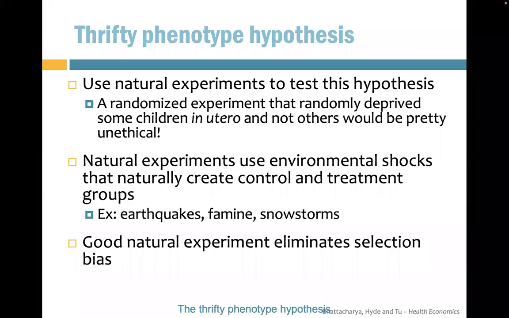So we want a good natural experiment that is unexpected enough that people are not able to select themselves in or out of it, so that we can treat it as an experiment that delivers similar results as a lab experiment.